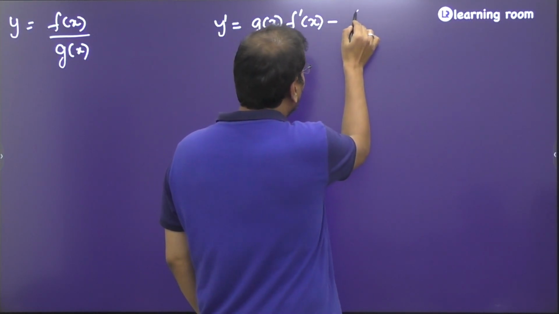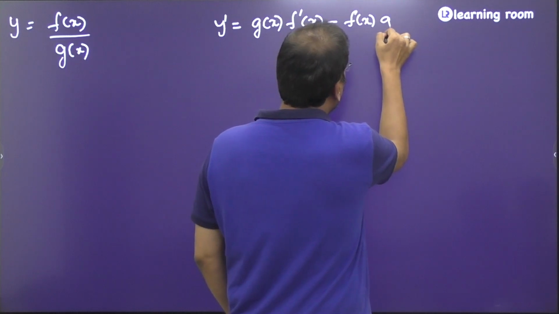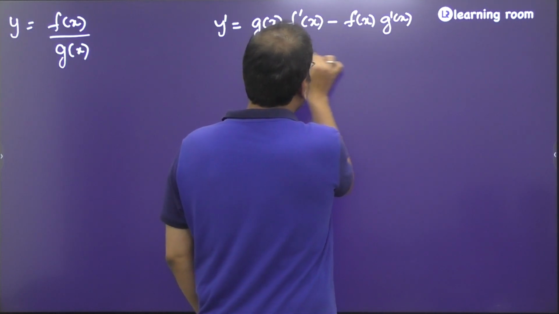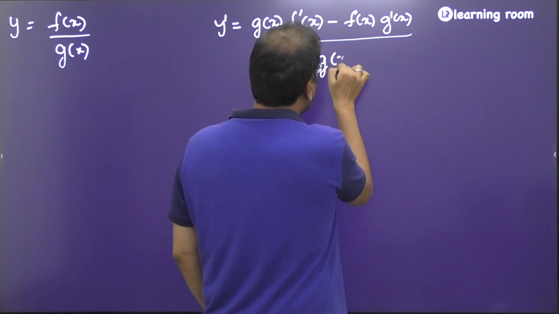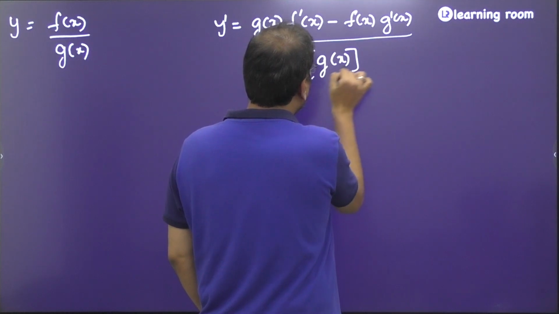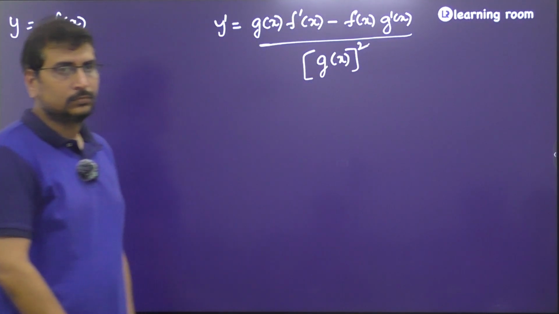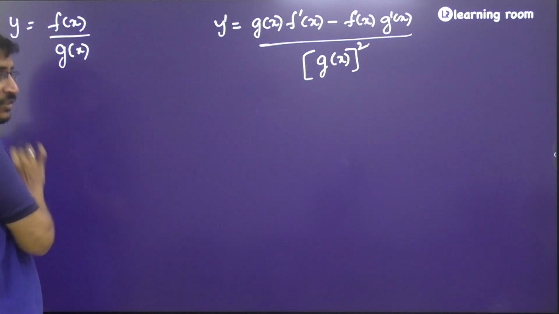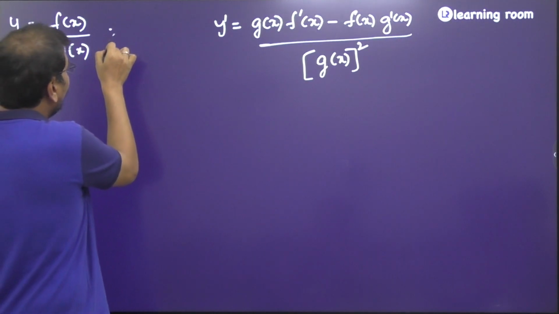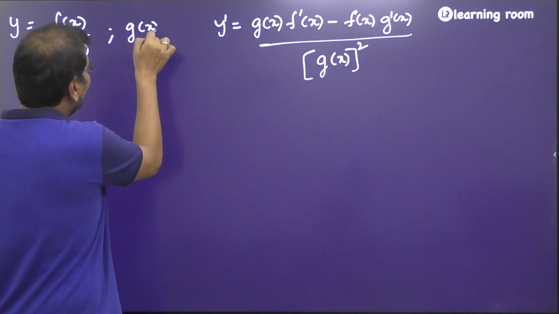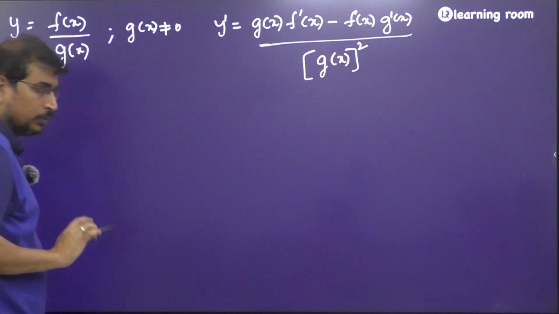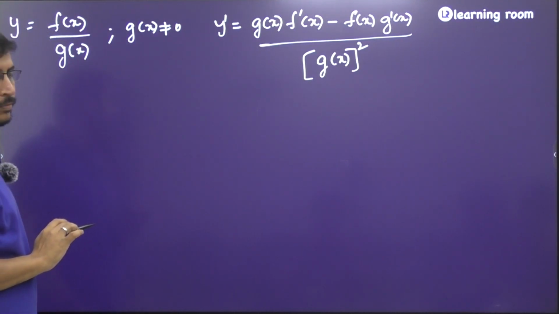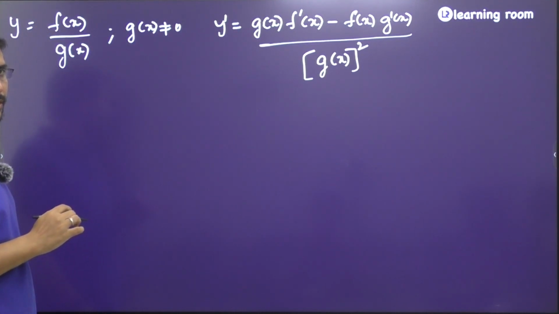Minus numerator into derivative of denominator, the whole divided by g of x, the whole square. So whenever you're doing this y is equal to f of x by g of x, you need to mention a condition saying that g of x is not equal to 0. It's something like rational numbers only.